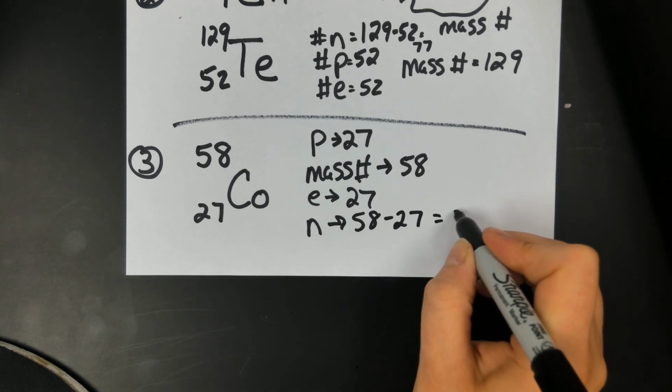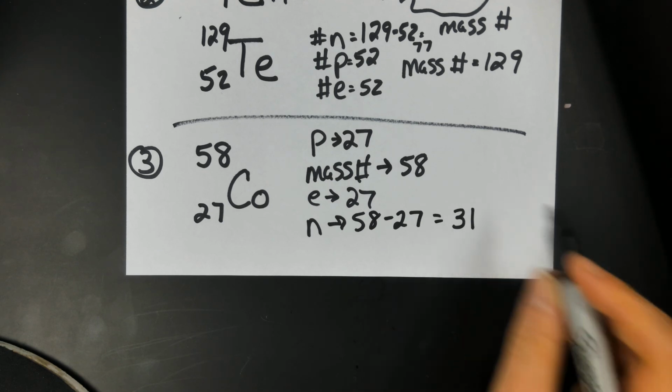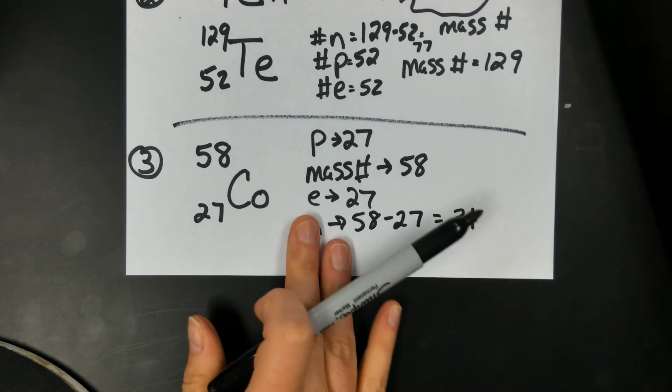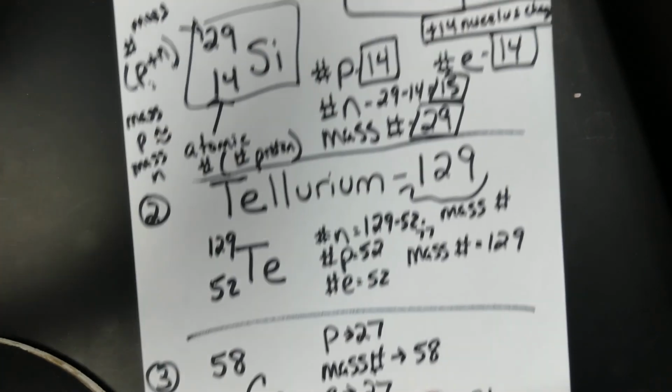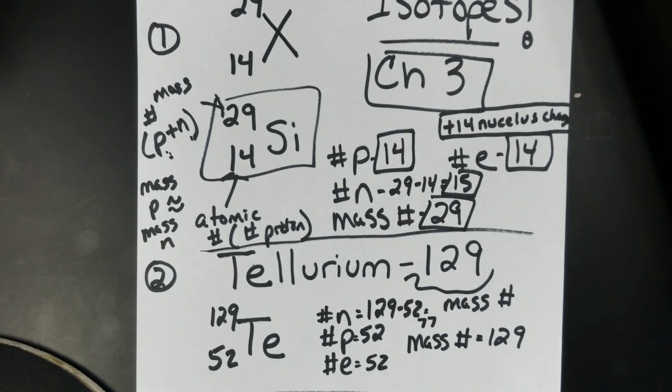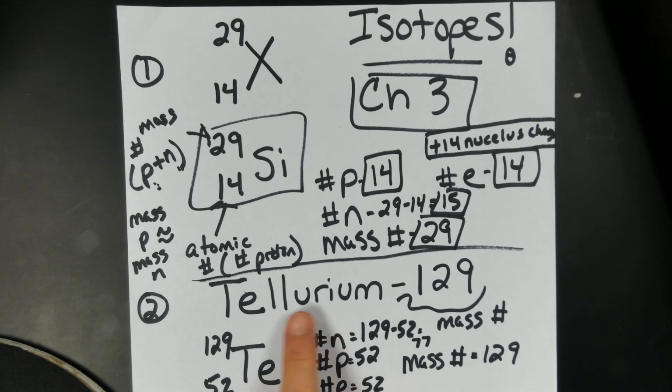I think that's 31. Yeah. So that's 31 neutrons. So this is just good practice for you in how to determine number of protons, neutrons, electrons, and mass number from any kind of given isotope symbol or verbiage. Well, good luck, guys.